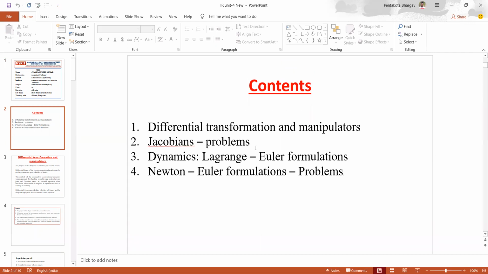Differential transformation means partial differentiation is 50% and differentiation is 100% of each transformation and manipulators. And the next one is the Jacobian matrix. Here the Jacobian matrix involves many of the other links, link 1, link 2, link 3, like that. You can see many of the products.